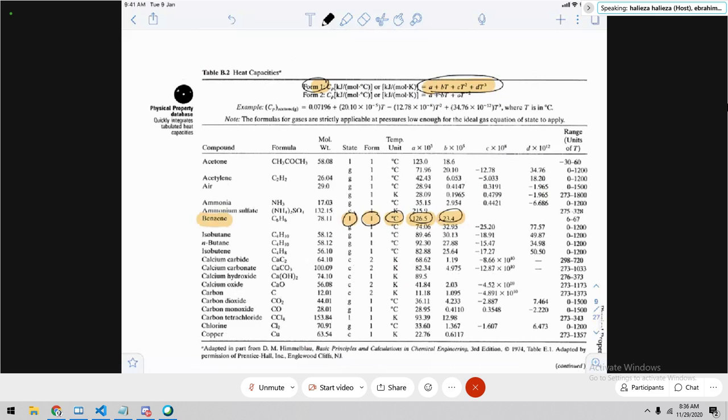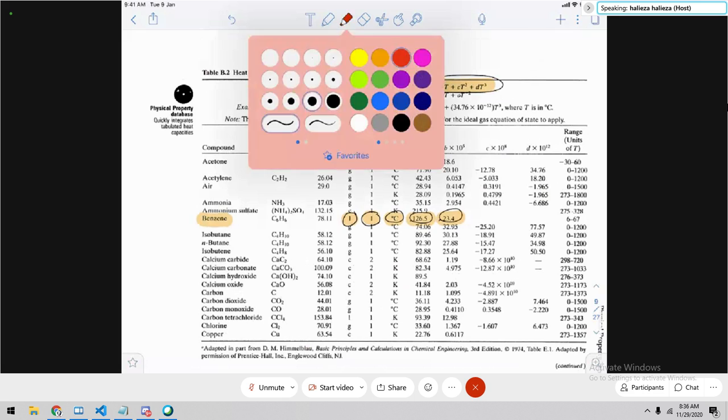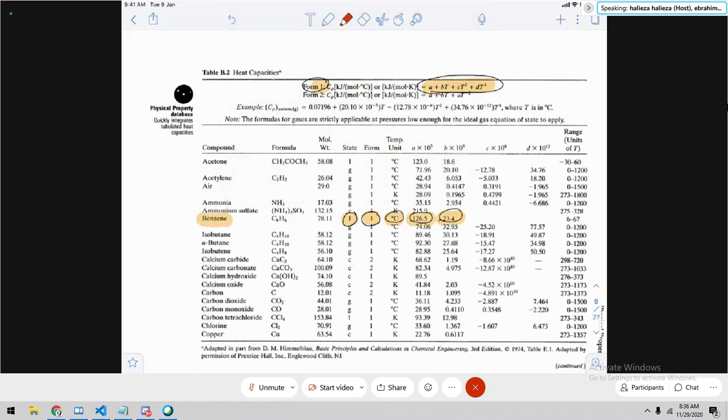So if you're going to look at benzene in the gas phase, again, you're going to use the first equation, same unit. This is your A, B, C, D. Okay? So we're going to write that equation in our example.